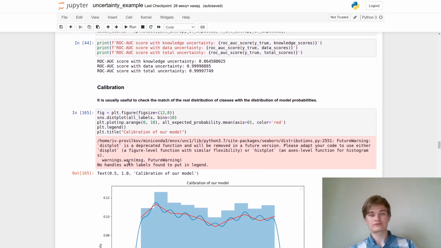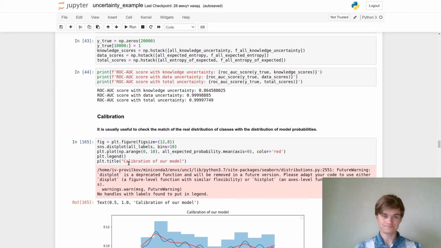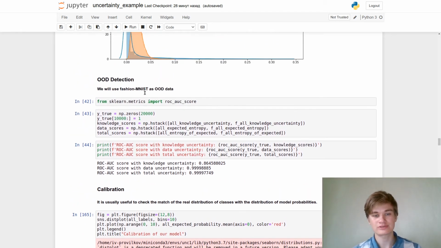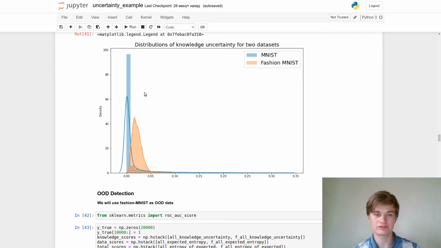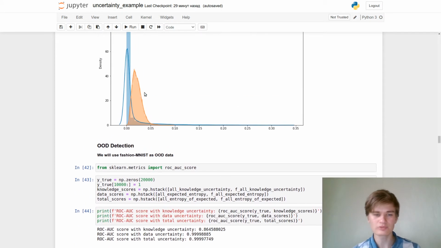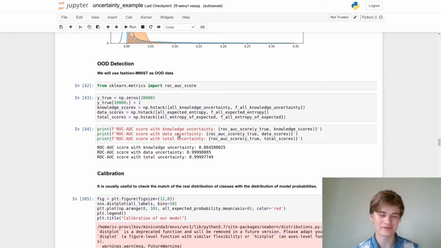For out-of-domain detection you can use basically any uncertainty that you want, but knowledge uncertainty is the most natural choice, and usually works better on, I don't know, big images, for example with high resolution, not here.